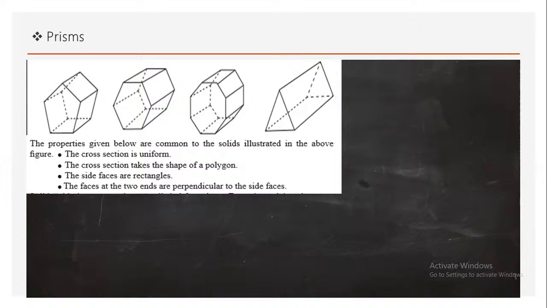This is a pentagonal cross section that is uniform, this is a hexagonal cross section, octagonal, and this is triangular. The side faces are rectangles. The faces at the two ends are perpendicular to the side faces.